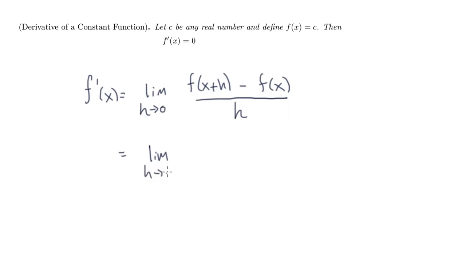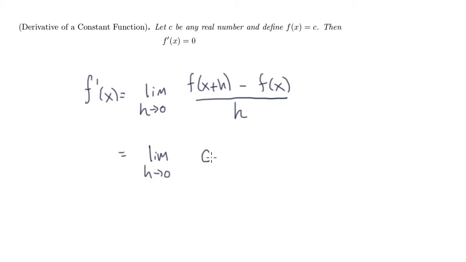And here comes the hardest part of this little proof of the derivative of a constant function: evaluating the constant function. When we talked about the pre-calculus review, I told you that maybe one of the trickiest things about constant functions is just accepting that no matter what the input is for a constant function, the output is the same. So what is f of x plus h?